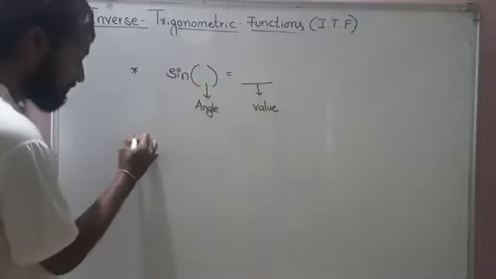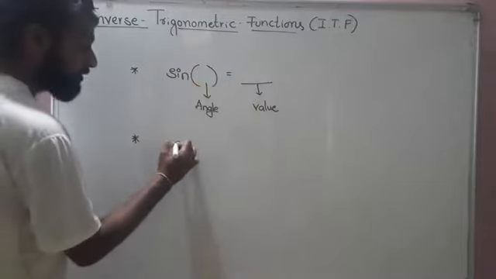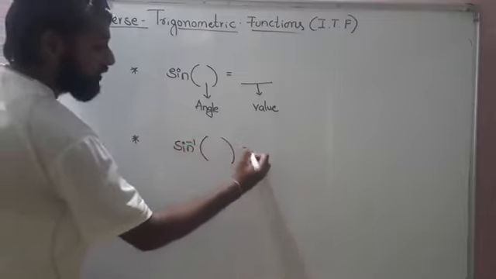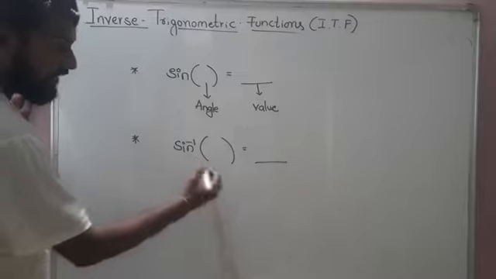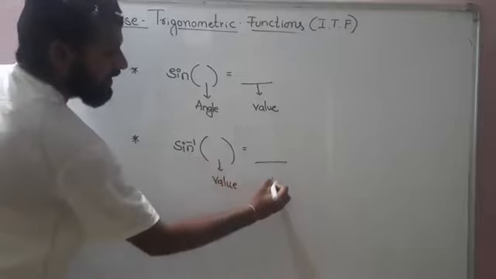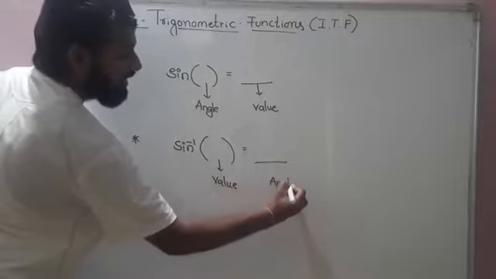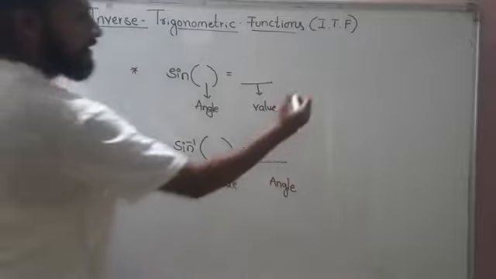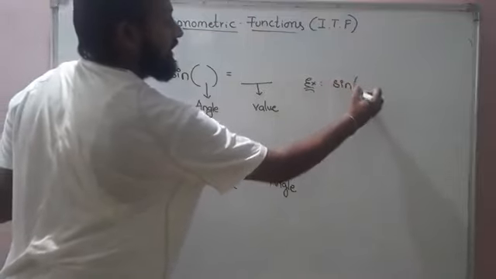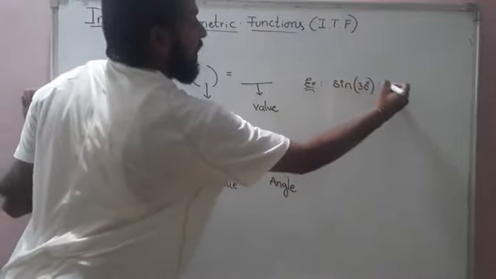But in this chapter, what we are going to do is the opposite. We will write sine inverse. When I write sine inverse, here I will be writing a value and here I will be getting an angle as an answer. For example, sine of 30 degree, you know what it is? Half.